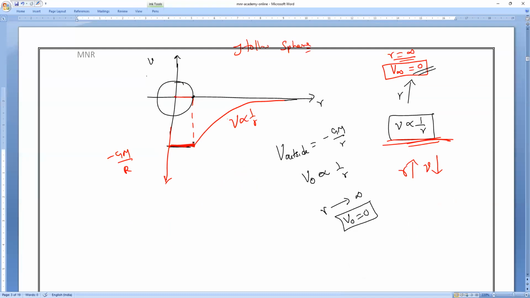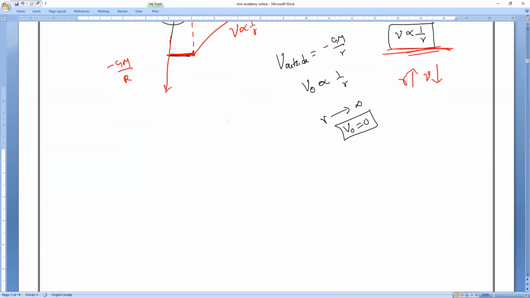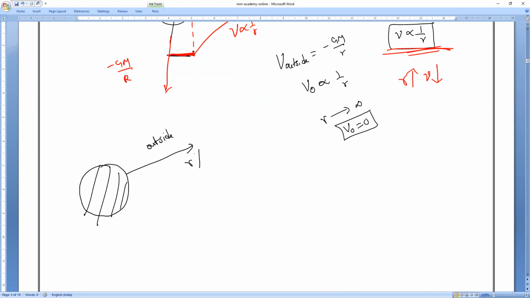Clear, everyone? So next, solid sphere. If I take the solid sphere, we all know that already. For a solid sphere you have to be extra careful. Outside, as R increases, E decreases. Am I right?